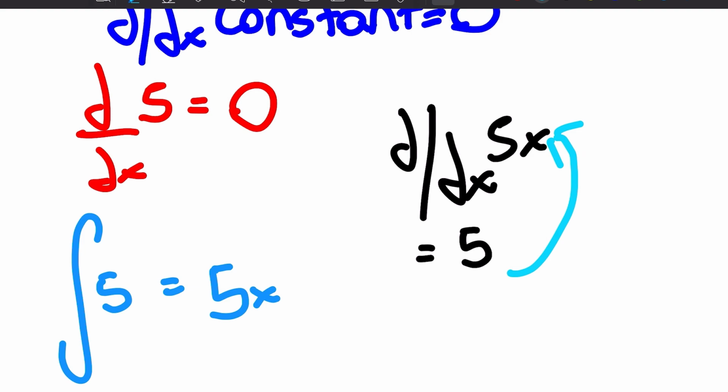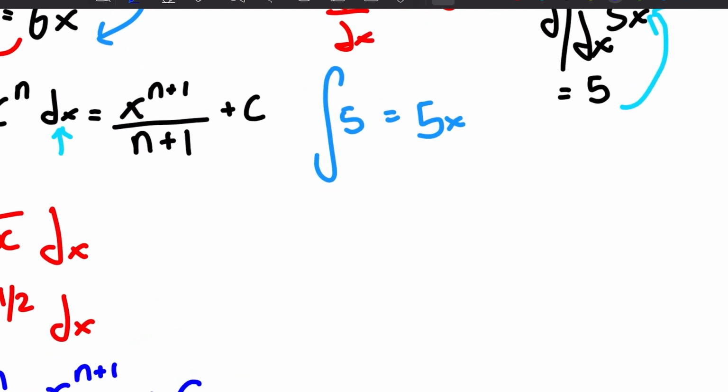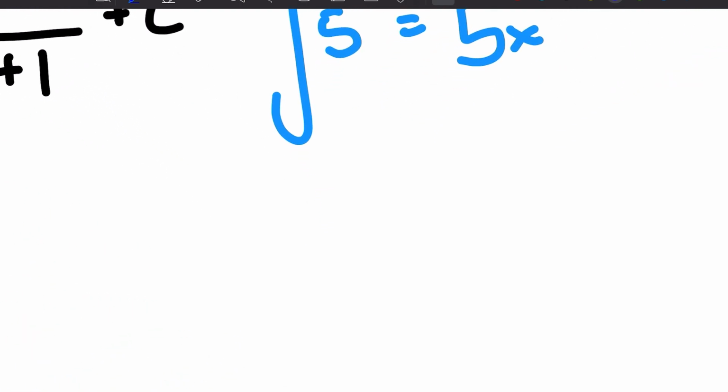We just found the differential of 5x is equal to 5, so the integral of 5 equals 5x. You get the point now, and this is what we need to know.